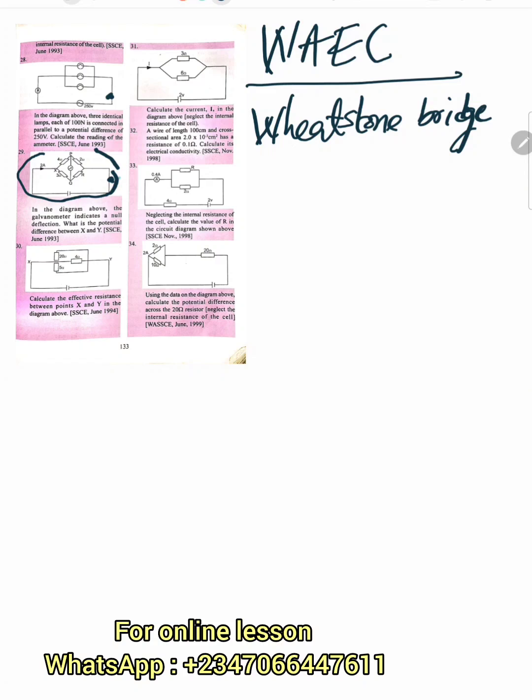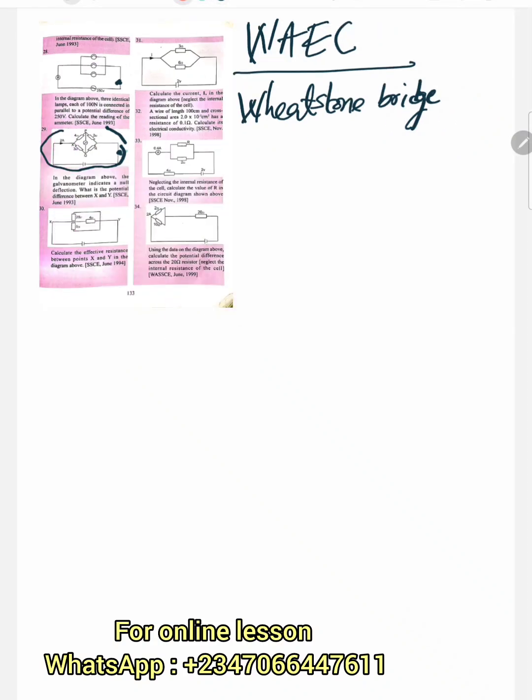So a Wheatstone bridge is an electrical circuit used to measure an unknown resistance very accurately by balancing two legs of a bridge network. Now, what does that mean? When we talk about a Wheatstone bridge, it consists of 4 resistors arranged in a diamond shape.